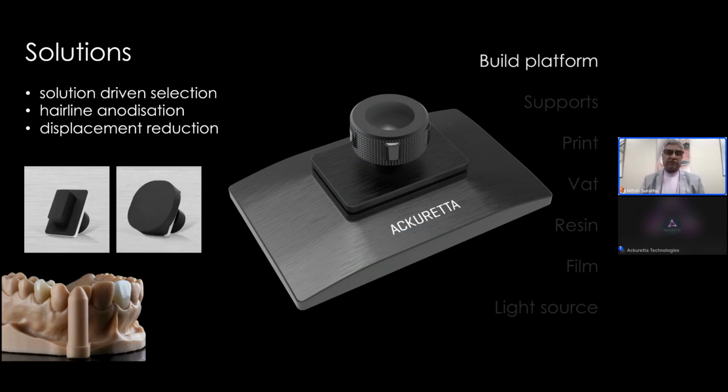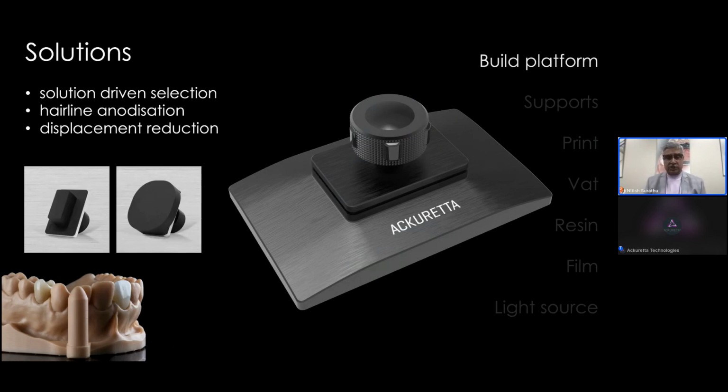But all of these platforms come with what's called hairline anodization. The anodization doesn't cause the hairline nature. The anodization is there because you want to prevent abrasion of the platform by filled particles like ceramic in some of the crown resins that the printer is compatible with, like Pattern Rod and Sculpture that I print in a lot.